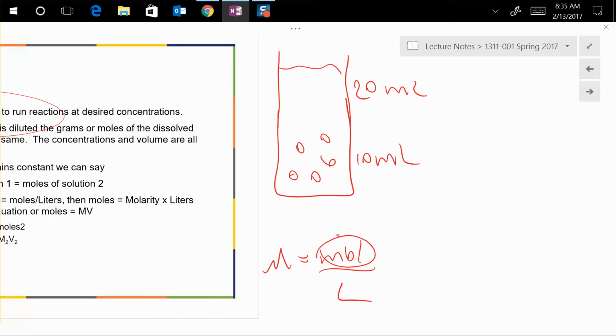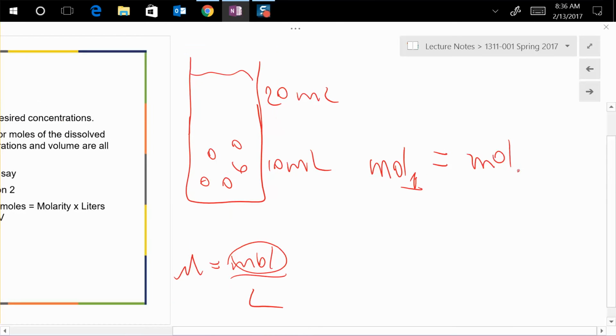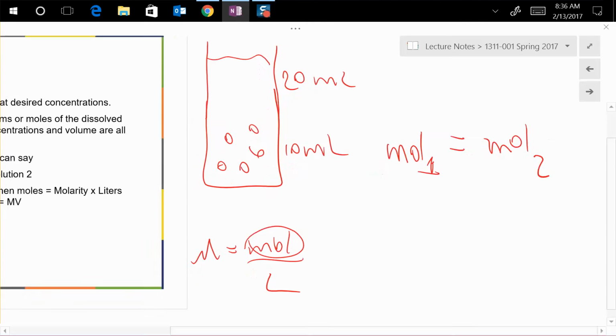So that means I can set the equations for these two different concentrations and amounts equal to each other for the moles. So in other words, the moles of the initial solution are equal to what? The moles of the second solution, the diluted solution. What is the equation to solve for moles from the molarity equation? Moles equals what?